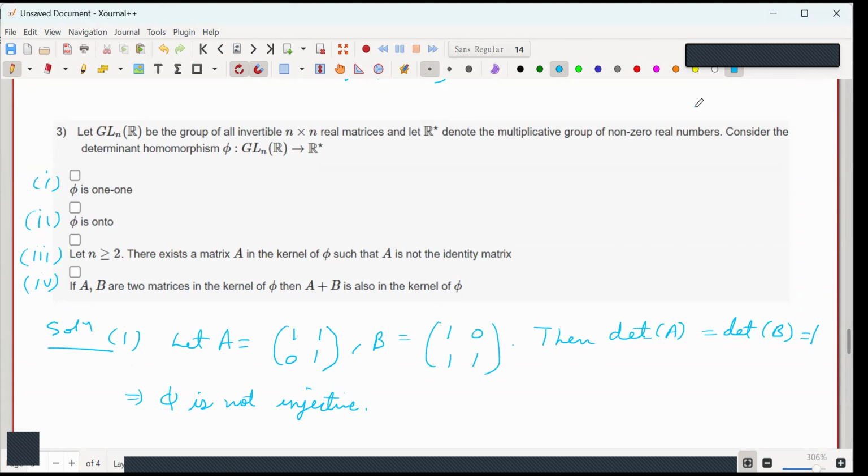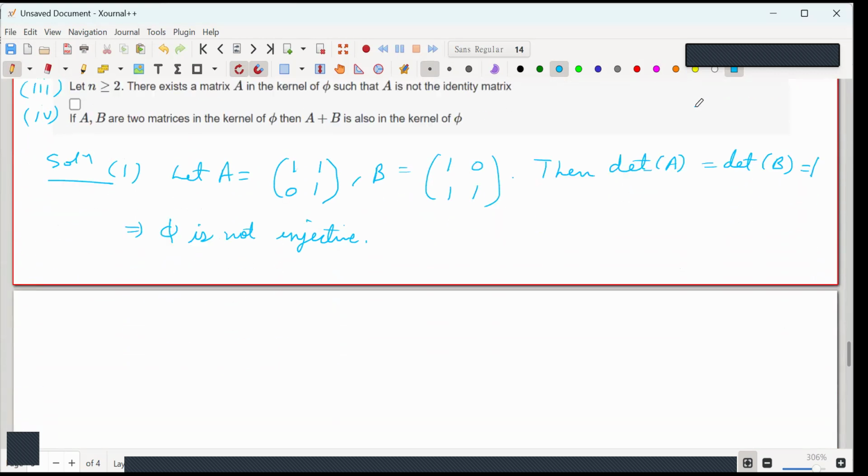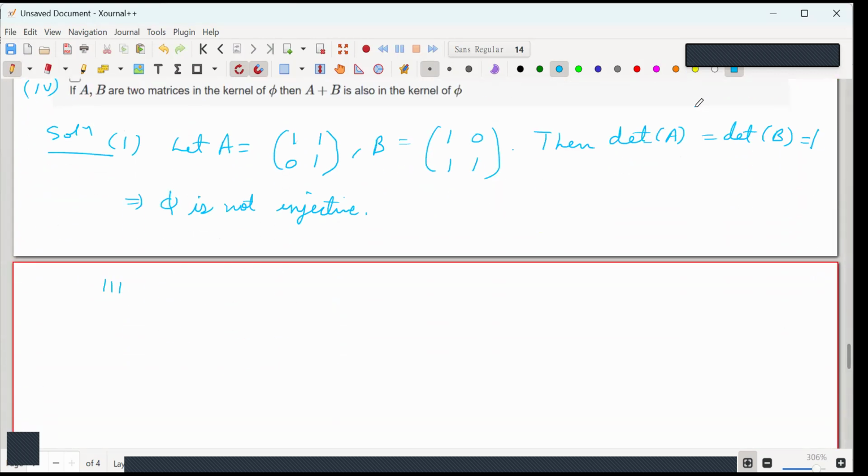Okay. Is it onto? Yes, sir. Why? For any R, I have R times identity mapping to it. So will it give you determinant R? Yes, sir. But determinant of R times In is R^n times determinant of In, right?